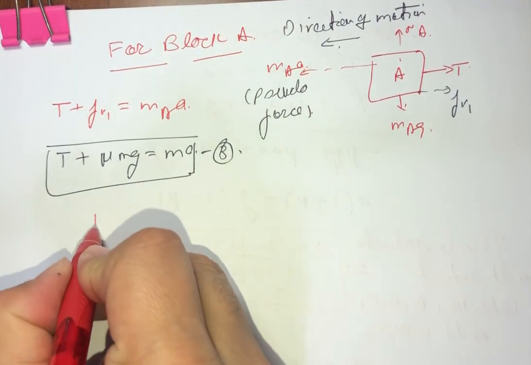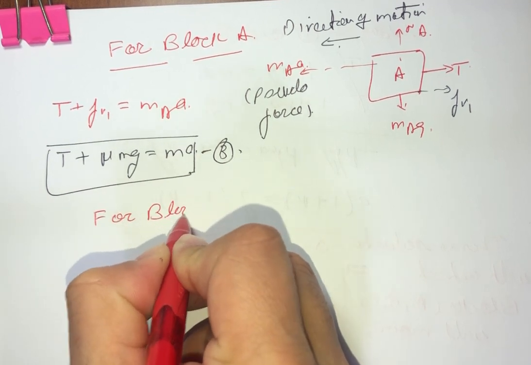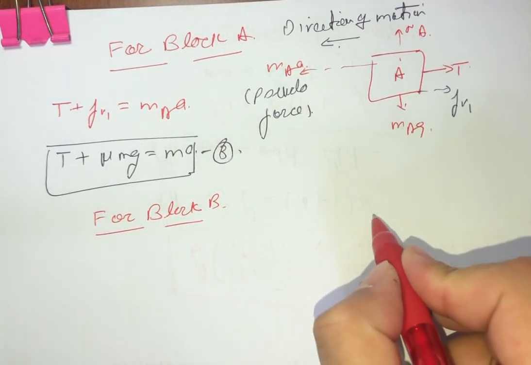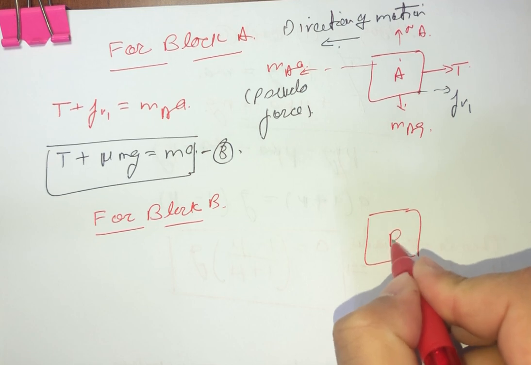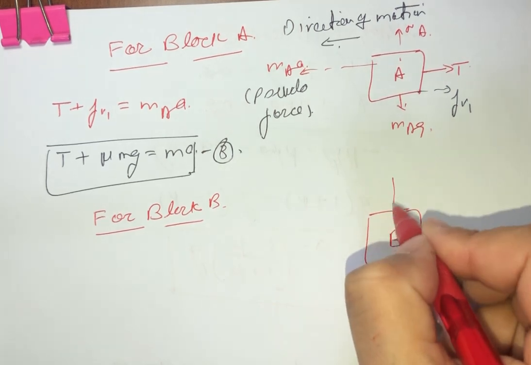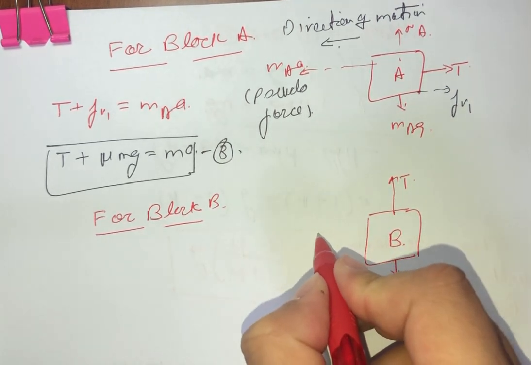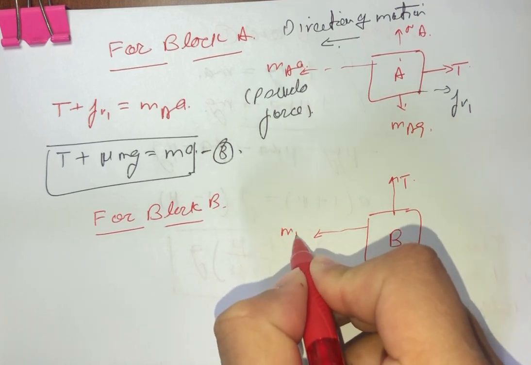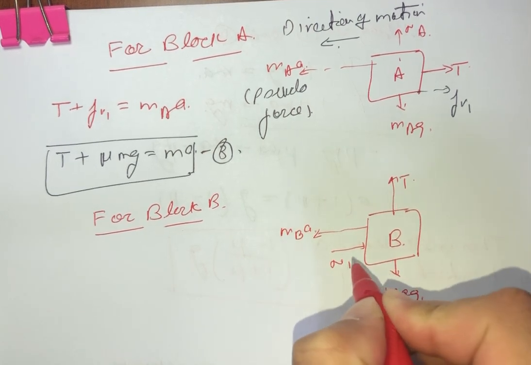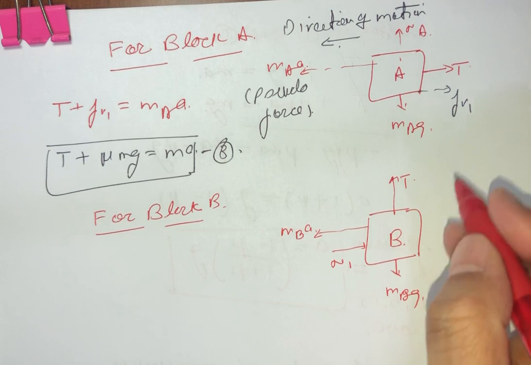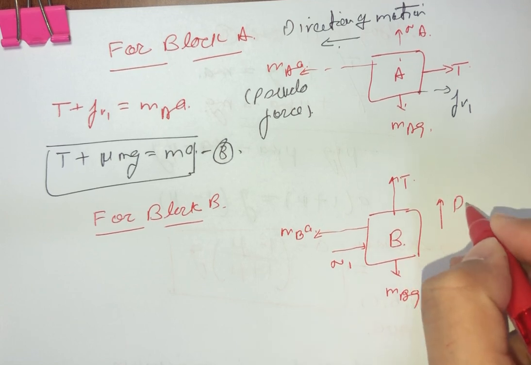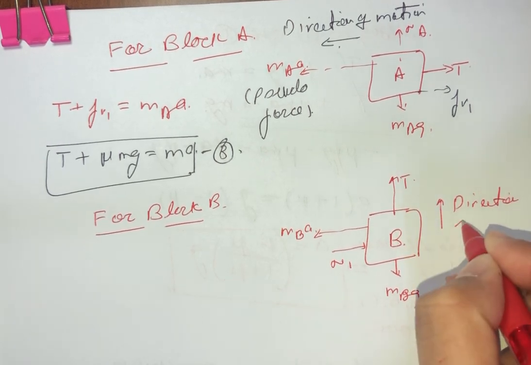Now for block B, we have MBG, tension T, and here also there is the pseudo force MBA and a normal N1, and it will be moving now in the upward direction. This will be the direction of motion.